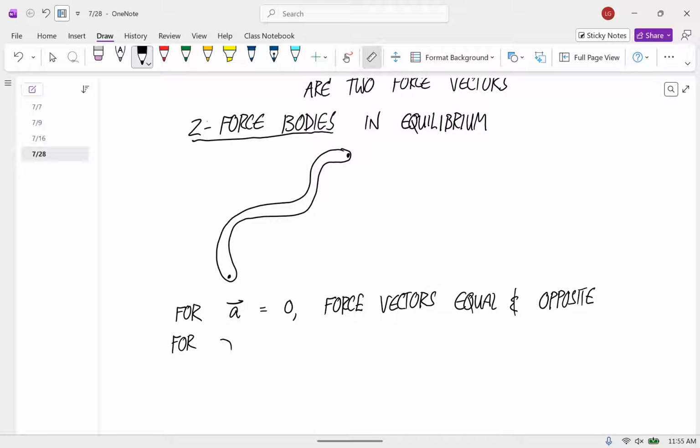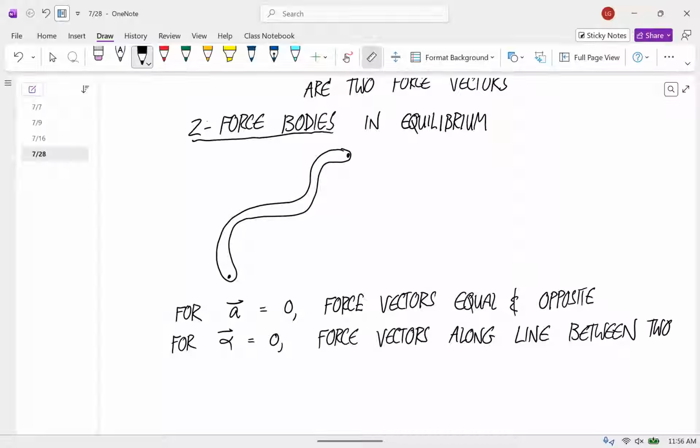In order for the angular acceleration to be equal to 0, those force vectors both have to be along a line between the 2 points. Another way to say that is that they have to have the same line of action.